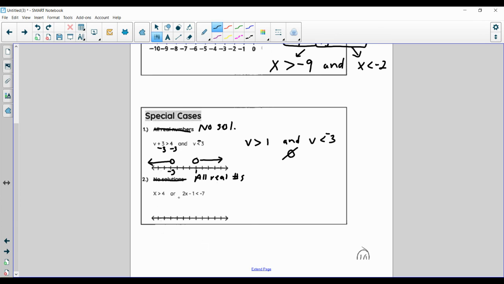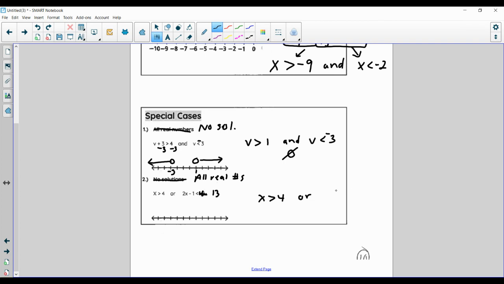For this one, x is greater than 4, or this should be the number 13.